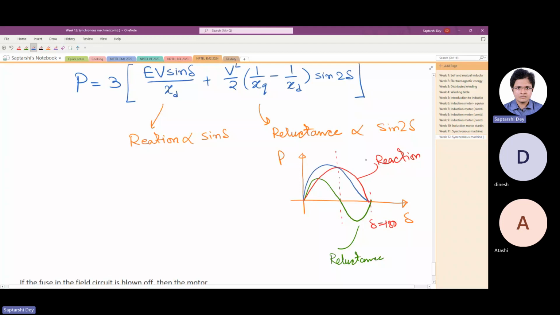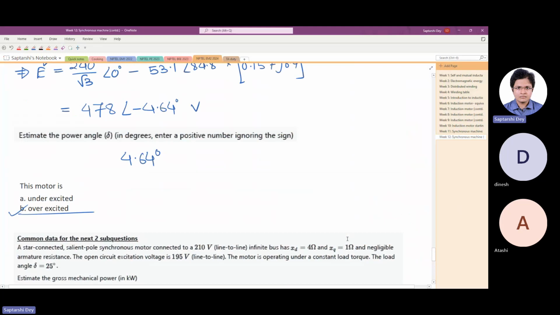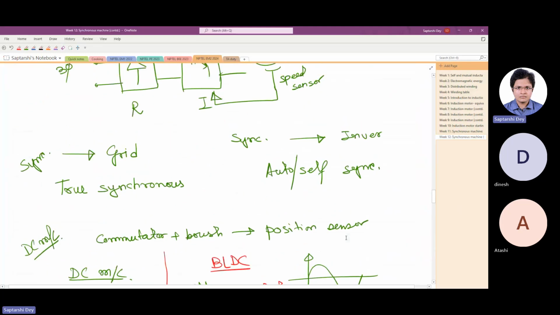It will look like this in total. So you see, the peak torque does not appear at 90 degree anymore, but somewhere else. If you can manage to control delta, at that point you will get the maximum possible torque out of the machine. This is also true for the IPM that we had a little discussion on.